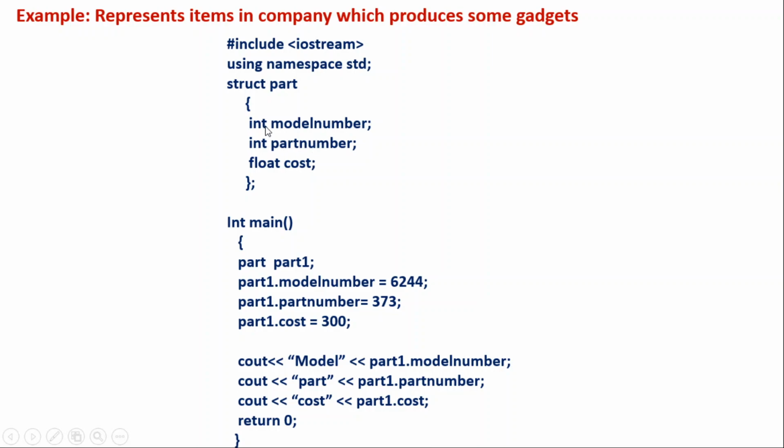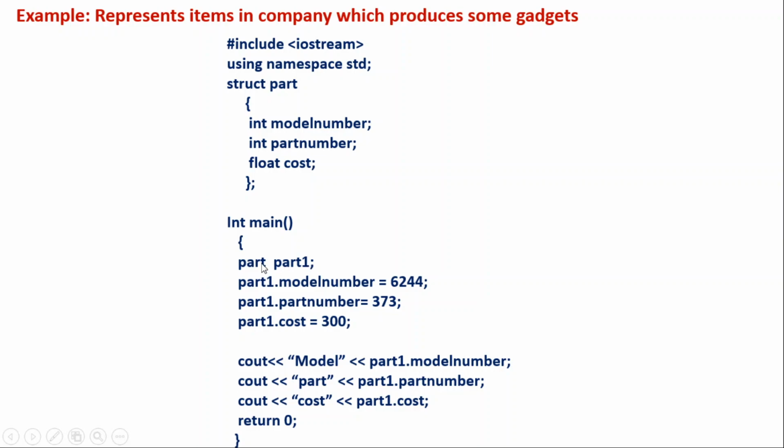That is, when you define a structure in the definition part, the space required for the variables is not actually allocated, but only in this part here. So what I am repeating is that here I define a variable called part1 under the structure part.